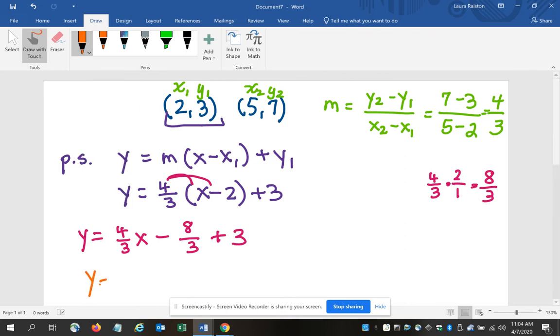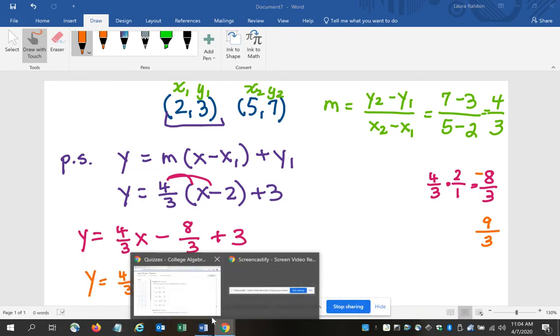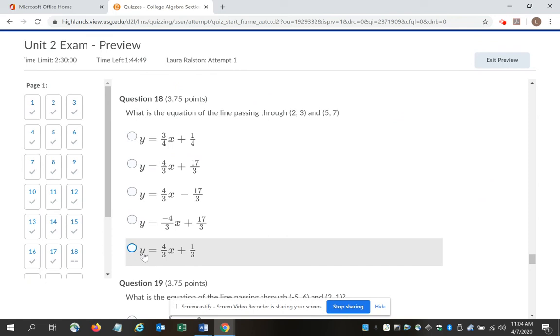Get your calculator out. So 3 pizzas with 3 slices each, I would have 9 slices. So I have -8 plus 9 over 3, which gives me positive 1/3. So I end up with 4/3 x plus 1/3, which is the last choice here.